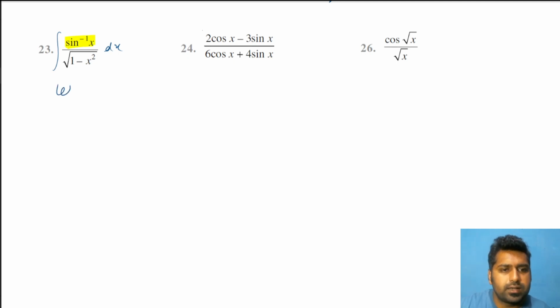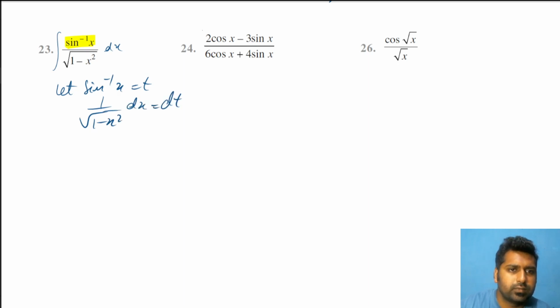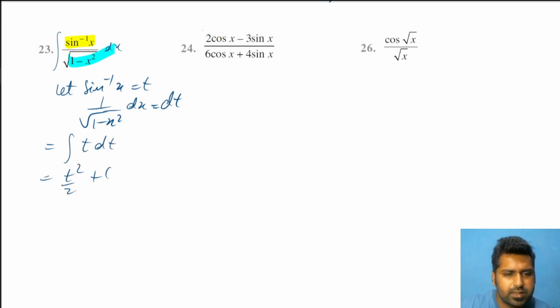So let sine inverse x be t, and you'll see that the differentiation of sine inverse is the denominator itself, dt. Okay, so this expression becomes dt. So this is integration of t dt, that's t square by 2 plus c, sine inverse x whole square by 2 plus c.